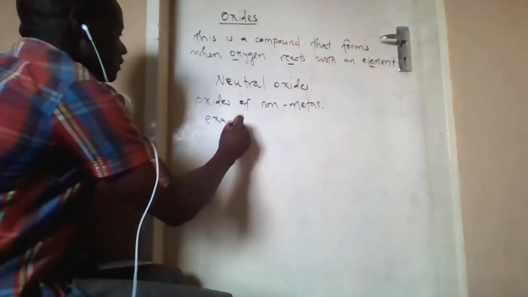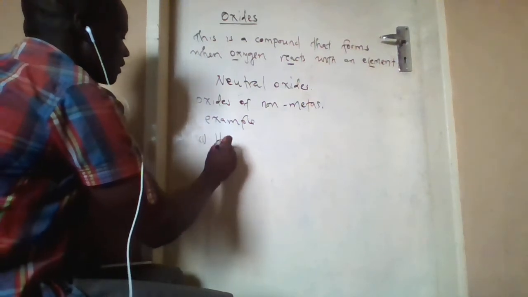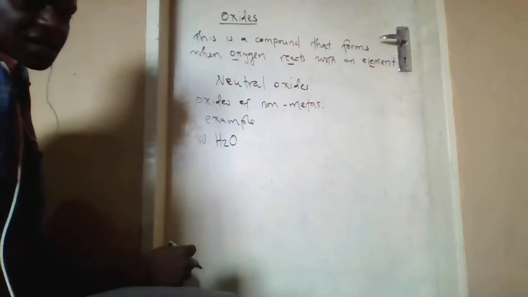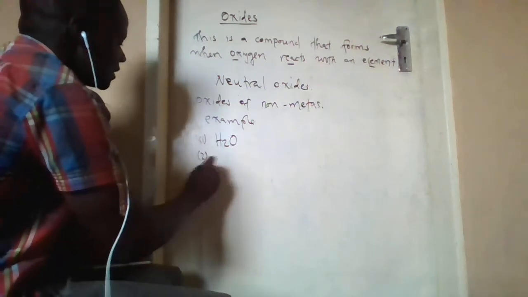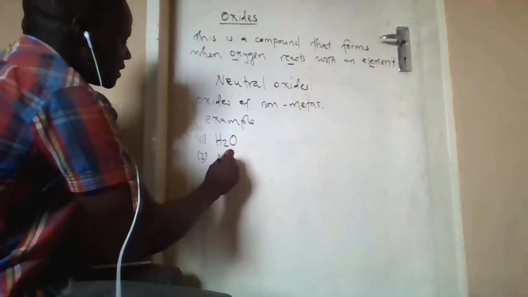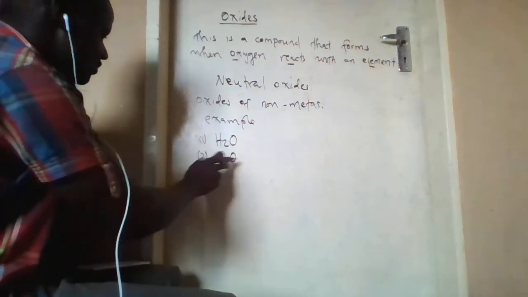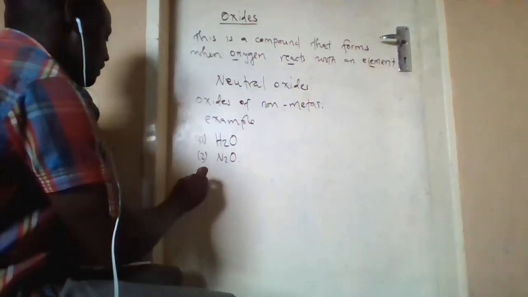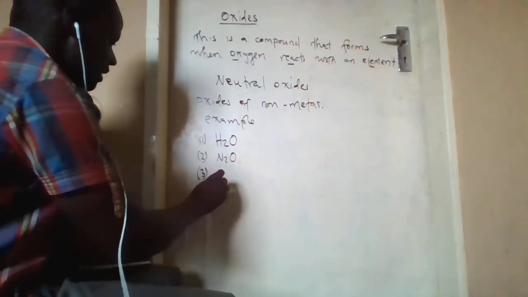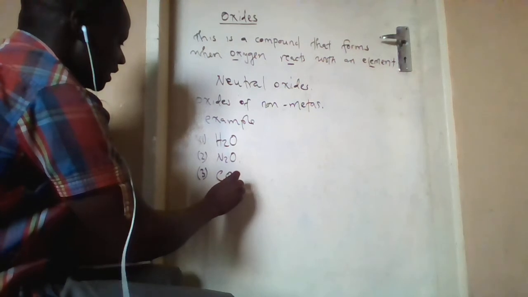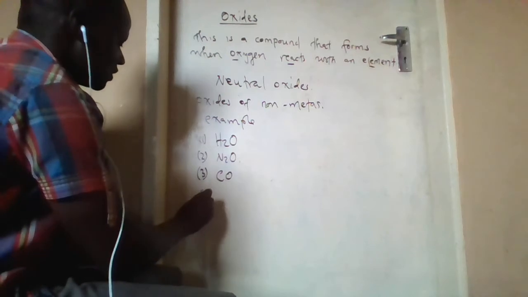Examples: one, water itself, H2O, where hydrogen is regarded as a nonmetal. The other one is nitrogen dioxide, dinitrogen monoxide is an example of a neutral oxide. The other one is carbon dioxide, carbon monoxide. Then the other one is nitrogen monoxide.